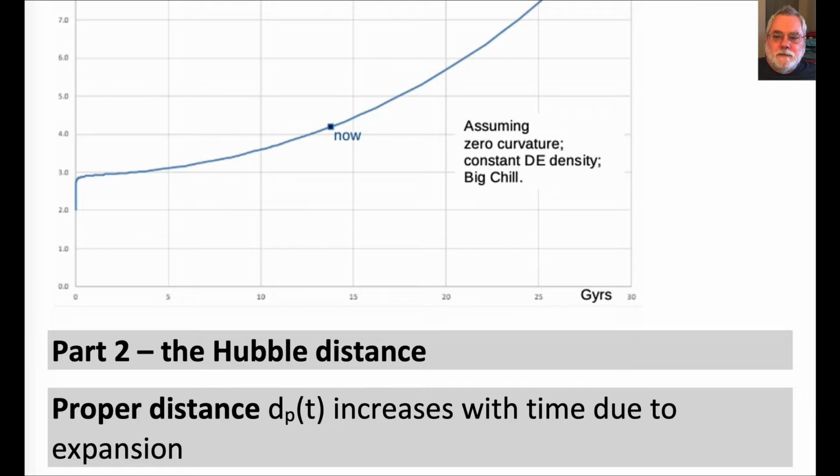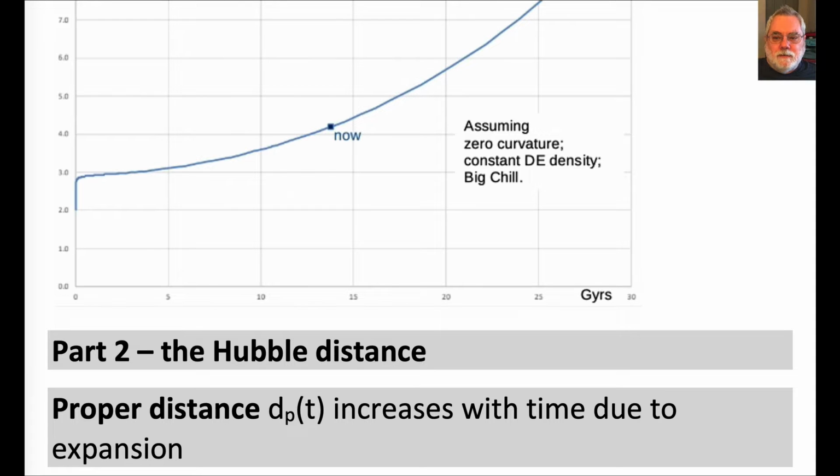For two galaxies extremely distant from one another, both galaxies are flowing with the Hubble flow of the expanding universe, and any peculiar motion due to nearby gravitational attraction is generally less significant. The proper distance between the two galaxies increases with time, proportional to the scale factor a of t, as the universe expands.